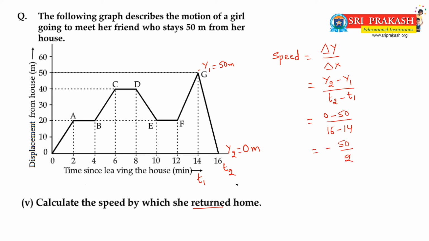This negative sign indicates only the direction. While calculating the speed, we can ignore the negative sign and write 25 meters per minute. You can also convert this into the SI system, meters per second, by dividing 25 by 60, which will be equal to 0.4167 meters per second. That is the answer for this question.